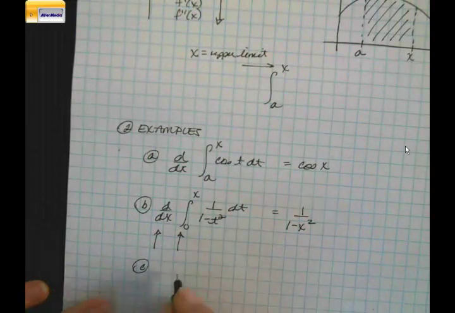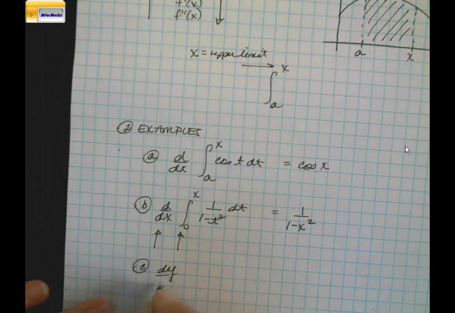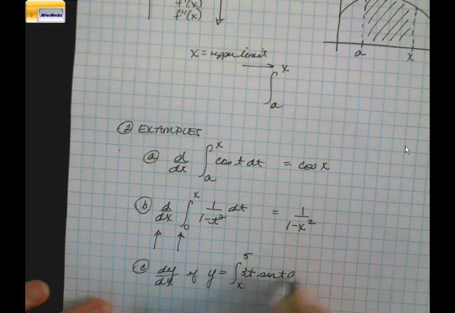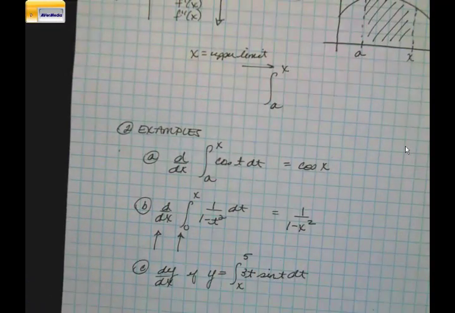Okay, so suppose they say, now this one's a little bit different. The notation's a little different. Taking this straight from the book, dy dx, if y equals the integral from x to 5 of 3t sine t dt. Now we have an issue here because your upper limit is not x.